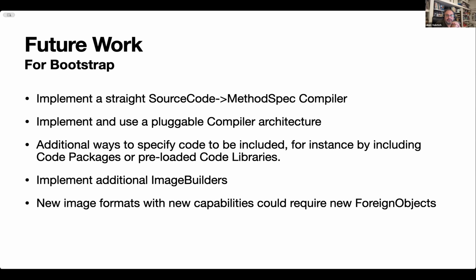For instance, a list of code packages or code libraries to be preloaded in the bootstrapped image. This future work also includes writing image builders for supporting additional image formats and VMs, and most likely new kinds of foreign objects to create whatever new kinds of objects those new VMs will support.